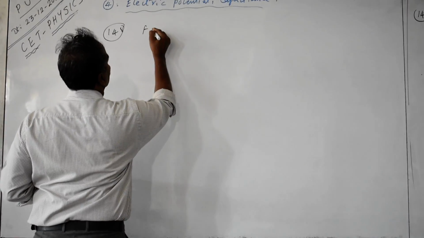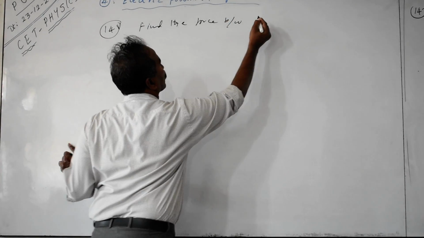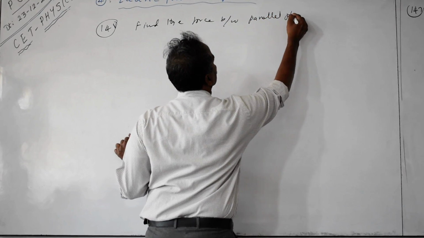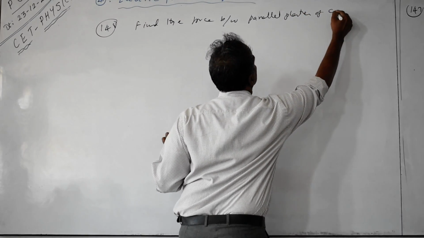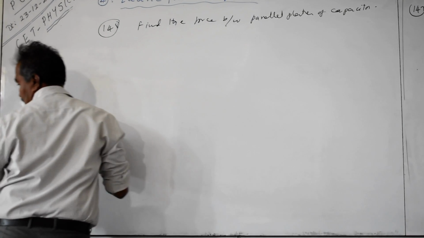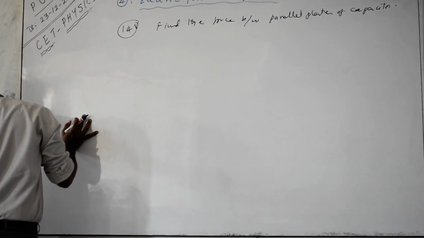Find the force between the parallel plates of a capacitor. They have given data for us. C is the capacitance and V is the potential.